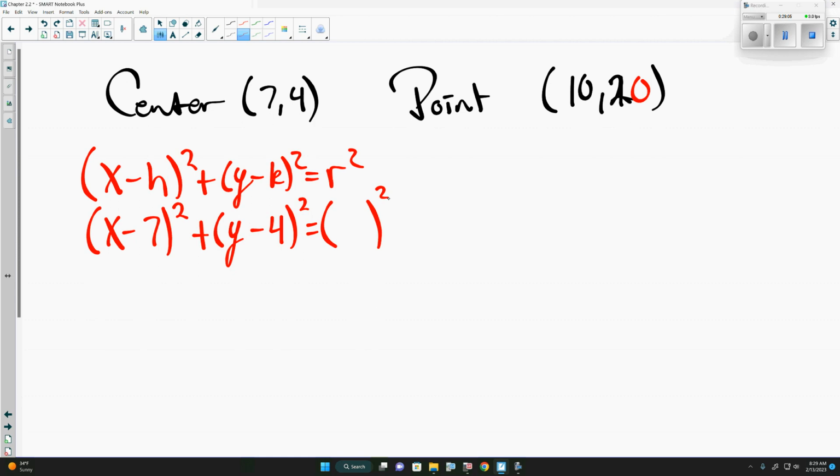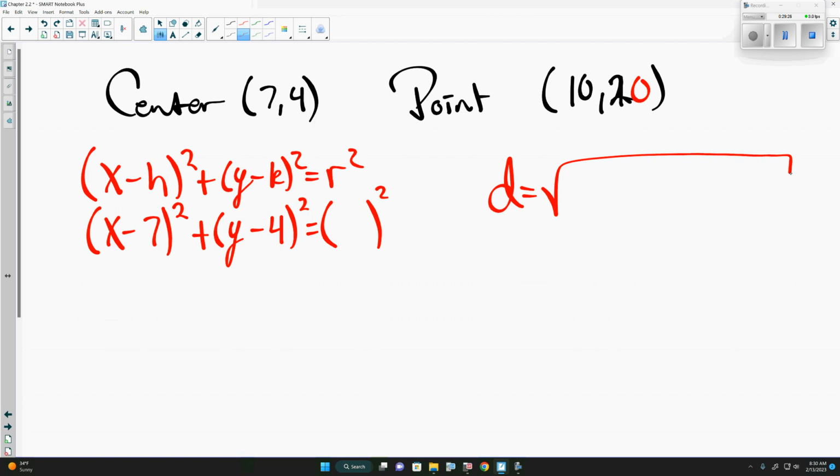And really to find the radius, we're just using the distance formula with the center and the point on the circle. Odds are this is not going to be a nice number, because I just picked 2 random points to use this with.